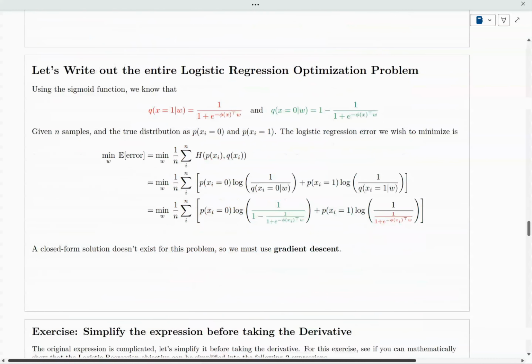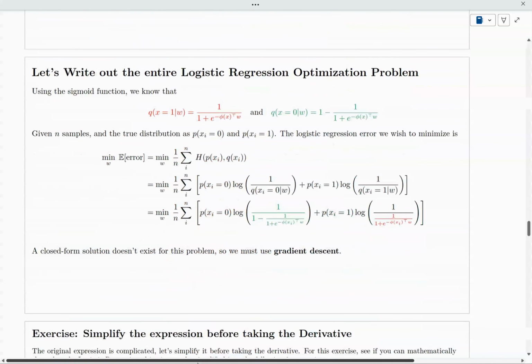All right, now that we have a better idea of what we're doing, we know that the sigmoid function is used as the probability that x is equal to 1, and 1 minus the sigmoid function is the probability of failure, that x is equal to 0. So now we can put all these equations together.